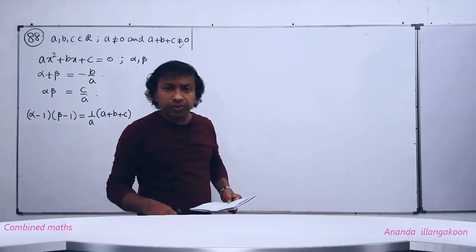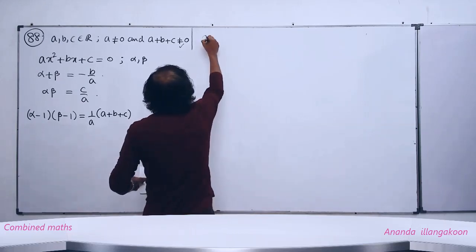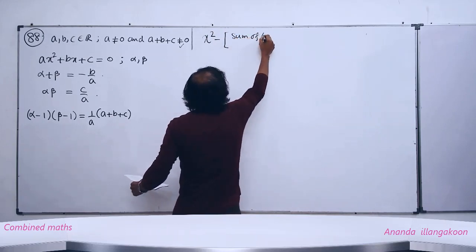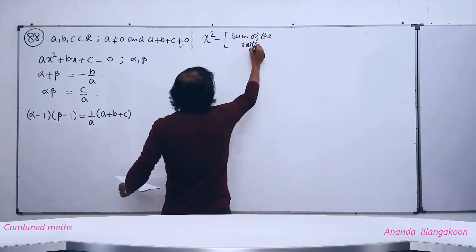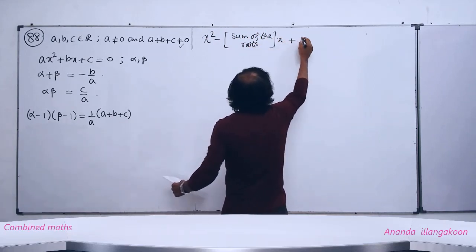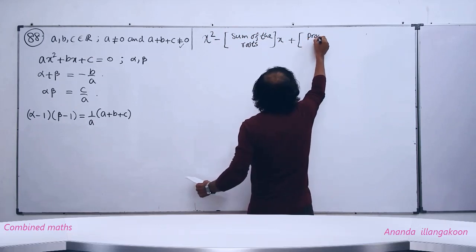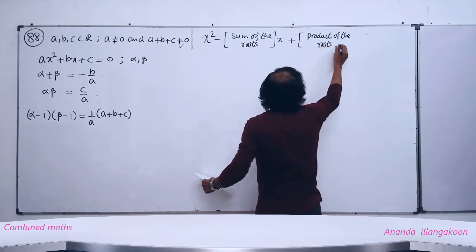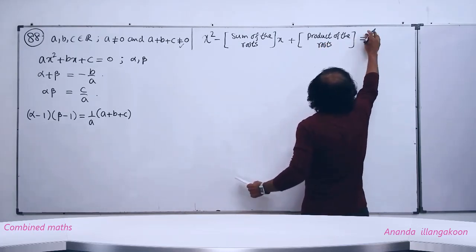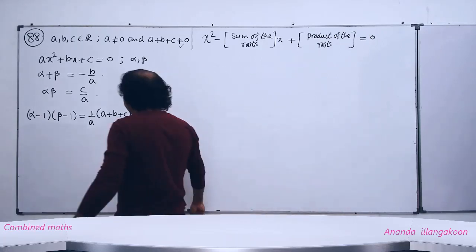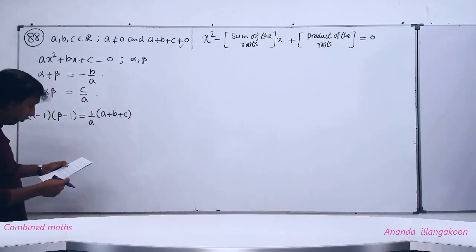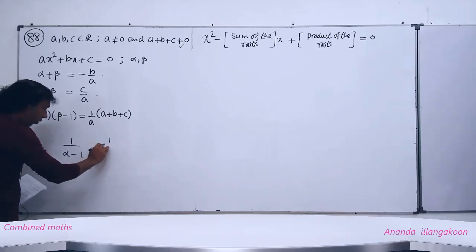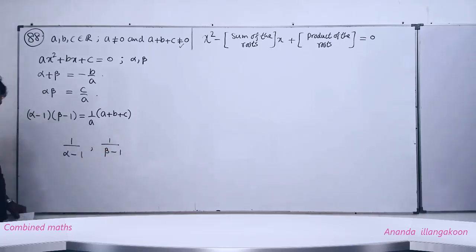We learned it like this: x squared minus (sum of the roots) times x plus (product of the roots) equals 0. In this case, one root is 1 upon (alpha minus 1), and the other root is 1 upon (beta minus 1).